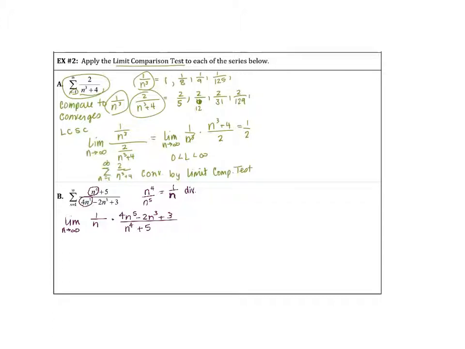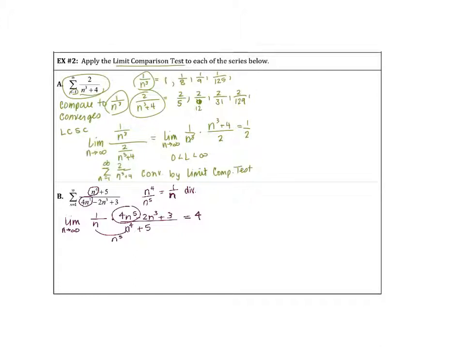And so for this one, just look at your dominating powers. In the bottom, I'm going to have an n to the 5th, and on top I have an n to the 5th. So this ends up being 4, which again, that limit value is between 0 and infinity.